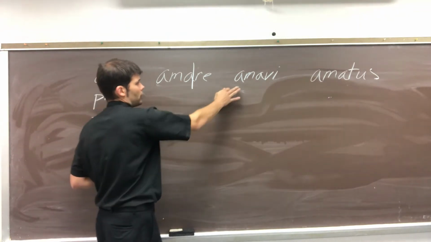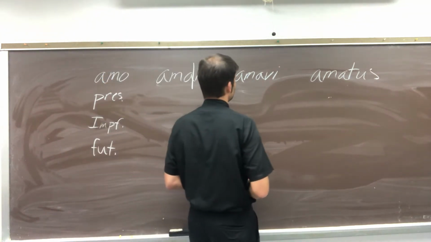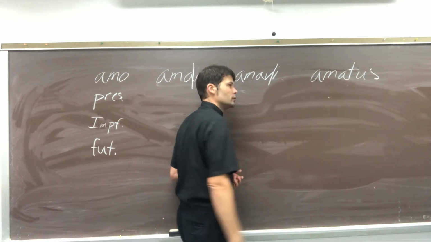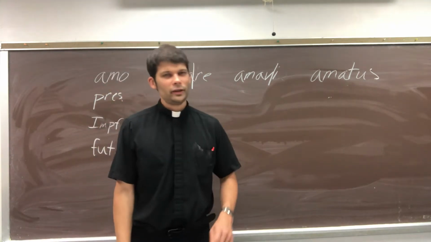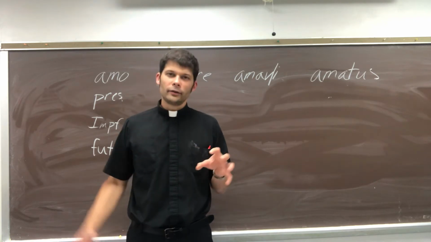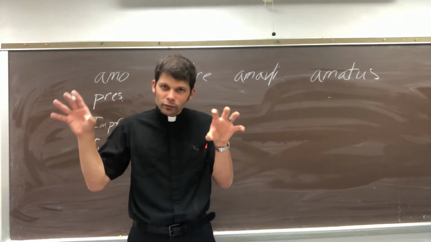That changes, of course, when you get over here. The third principal part, here's our perfect system. To find the stem of this verb, take off the I, and there's your stem. Discipuli, it's important that you can find the stem, because the stem, think of it as the backbone, the bedrock of the word that the ending's attached to. You've got to have the right stem that goes with the right ending.